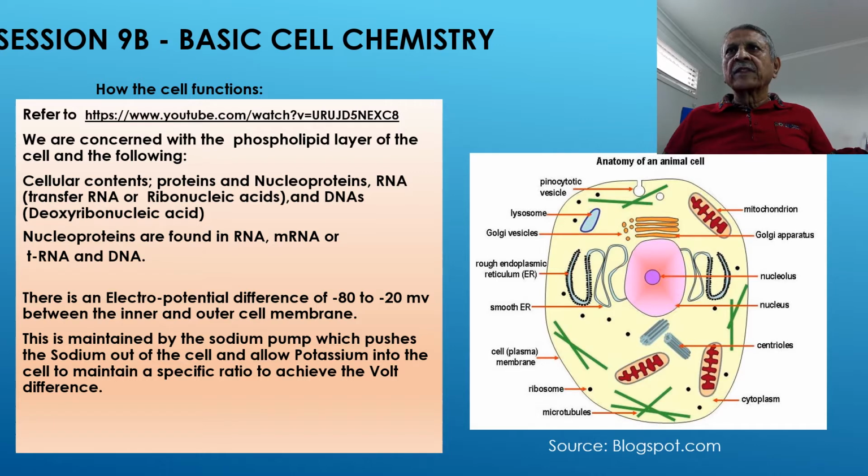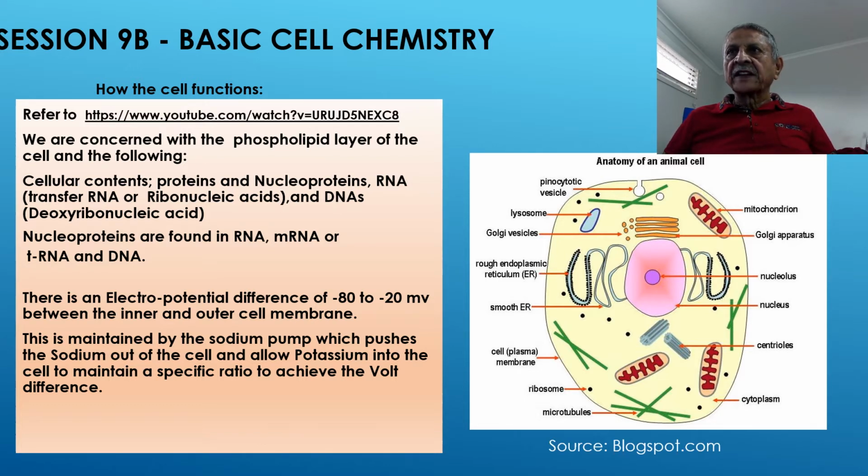If you look at the diagram I've given you on the right of the slide, and I'll go clockwise, you have the mitochondrion, the Golgi apparatus, the nucleus, nucleolus, centrioles, cytoplasm, which is the contents of the cell, microtubules, which give some sort of structure to the cell, the ribosomes, which take part in the manufacture of proteins, etc.